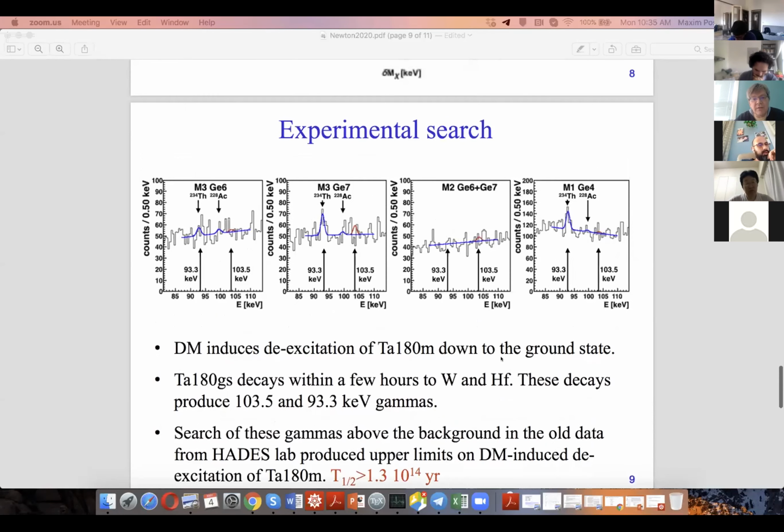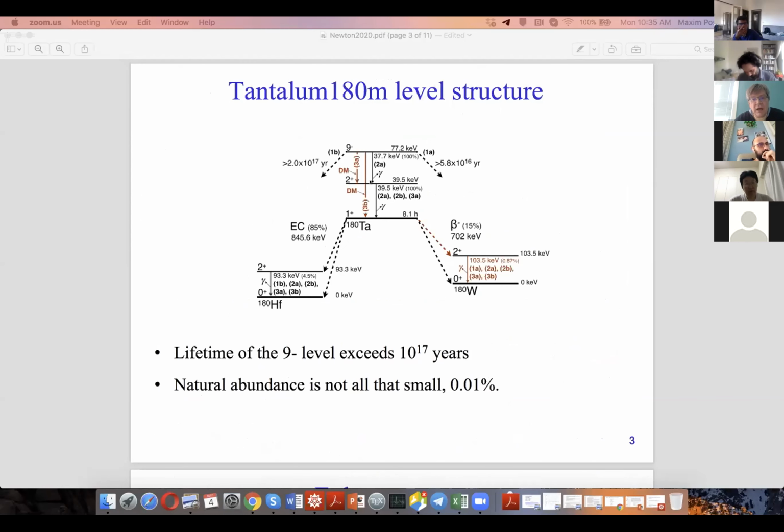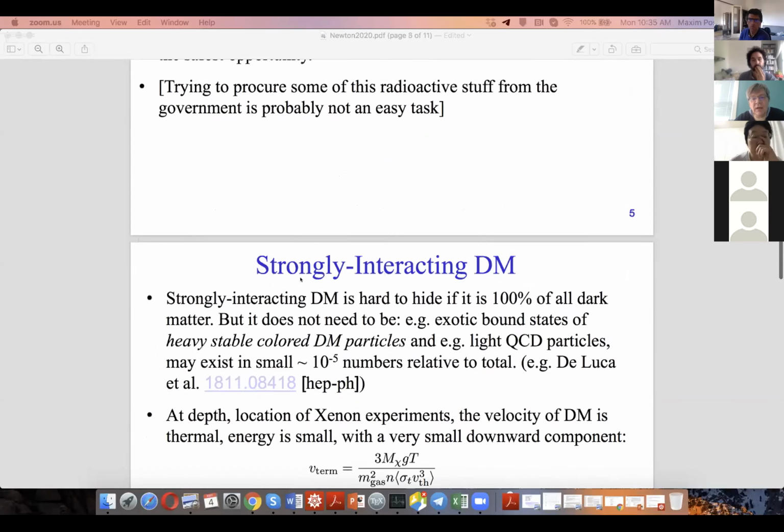So basically, if you look at this plot over here, if dark matter de-excites this 9-, 1-, 2-plus, the next step happens quickly, so you gotta look for the transitions from 180 to the excited states of hafnium or excited states of tungsten, and you gotta look for these 103.5 or 93.3 keV gammas.